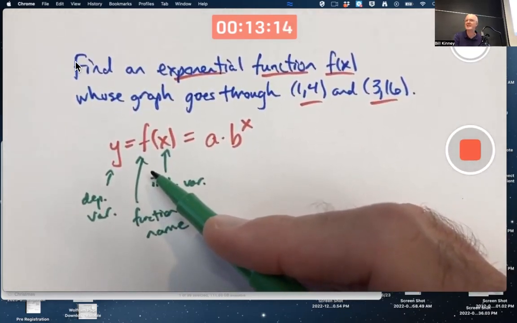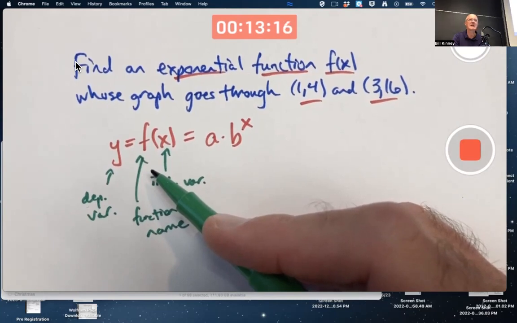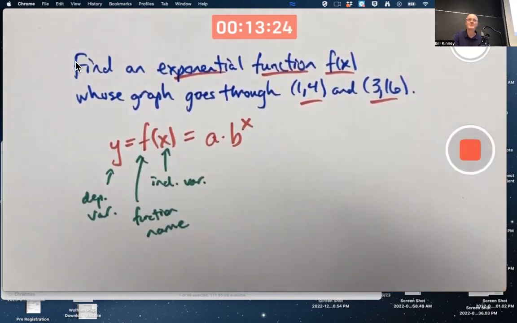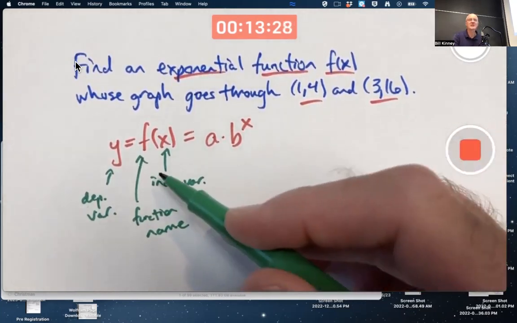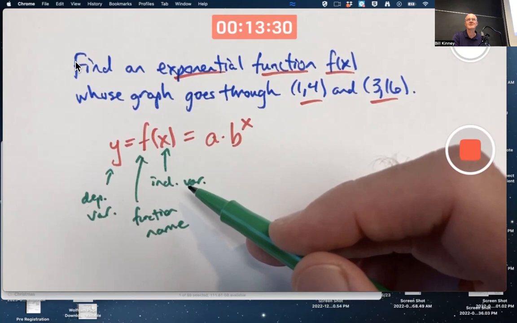What is f? Is it a number? Is it just a letter? It's a letter that represents the function. It's the name for the function. Question? Yeah, we usually use f, since the word function starts with f. But be flexible, we'll use other letters too.